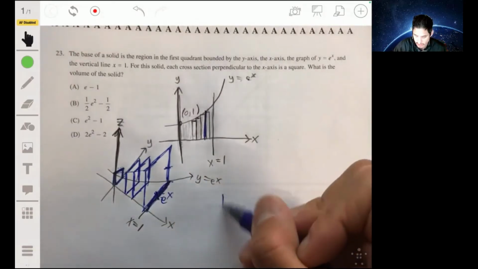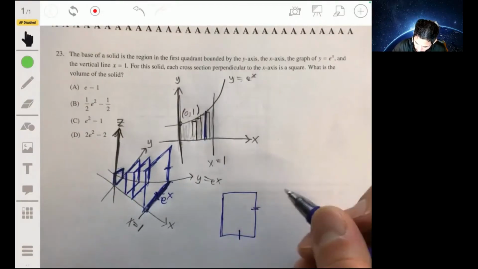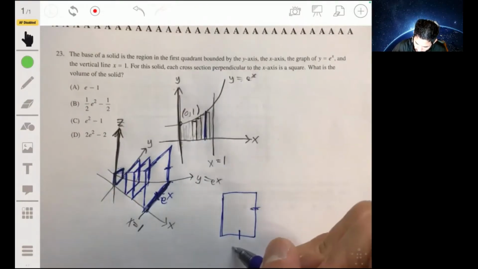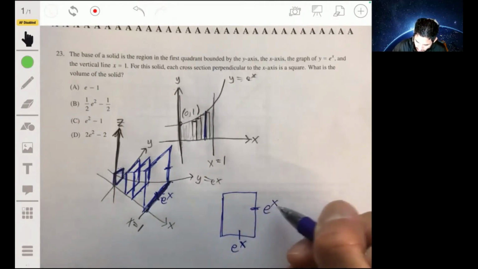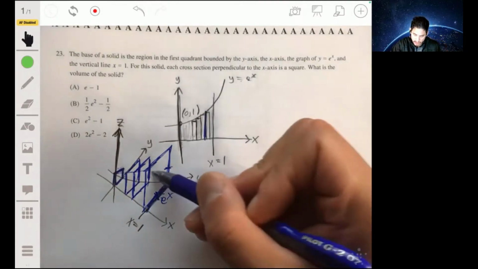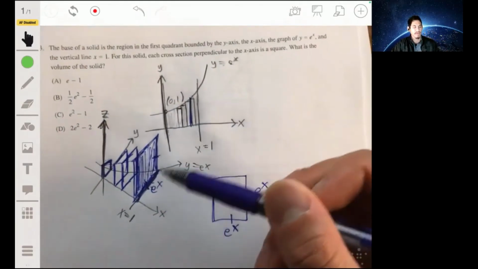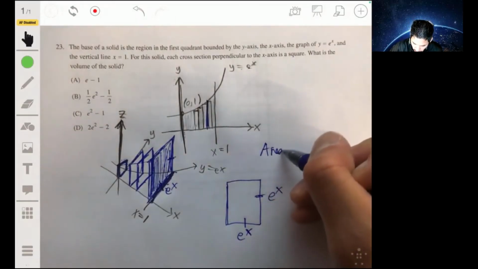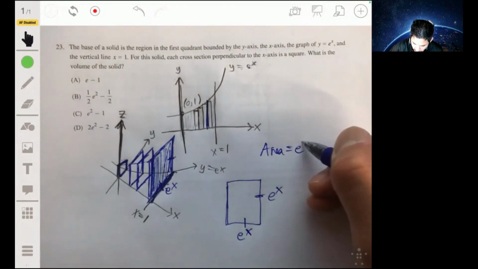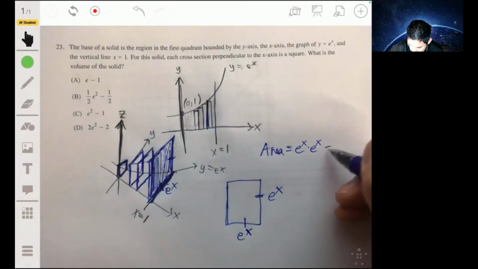So for the cross section to the side here, one side would just be e to the x, but since it's square, this would be e to the x as well. So if you want to integrate a cross section, what you want to do is basically find a formula for the area of each cross section. Since this is a square, the area of each cross section is just e to the x times e to the x, or just e to the x squared, or e to the 2x in other words.